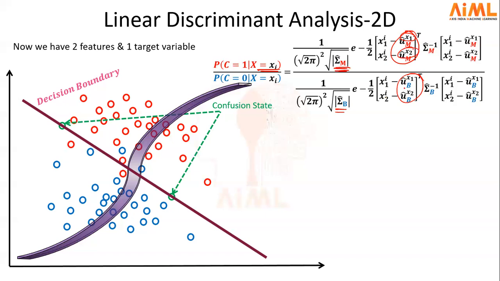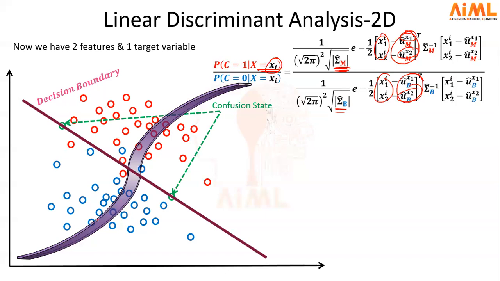Similarly, mu hat b x1 is the mean of all the values belonging to feature x1 of all the data points belonging to the benign category out of our training data. Similar is the scenario with mu hat b x2. And these are the two values for our specific random tumor data point selected from cross-validation data or testing data for which you want to compute the likelihood.